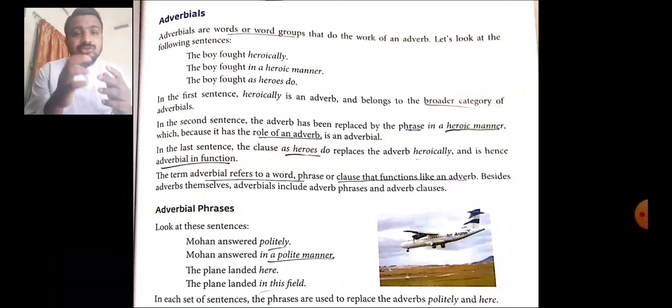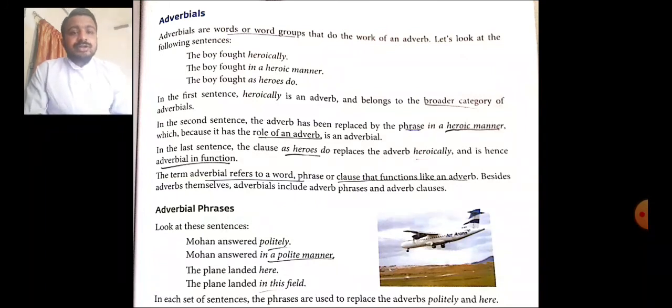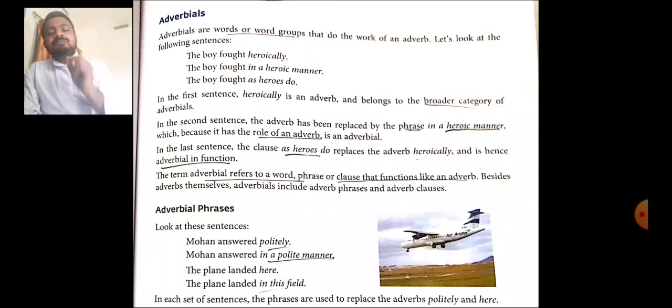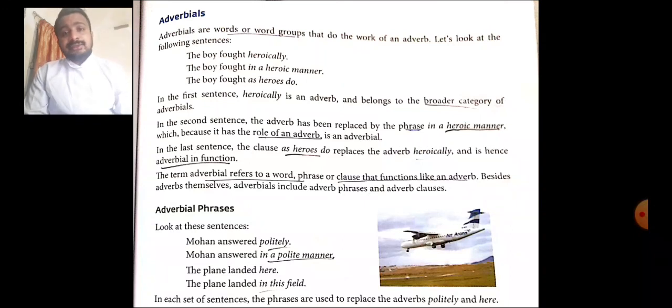Now, heroically has been replaced by a clause, heroes do, and hence it is adverbial in function. The term adverbial refers to a word, phrase, or clause that functions like an adverb. That is the definition again.